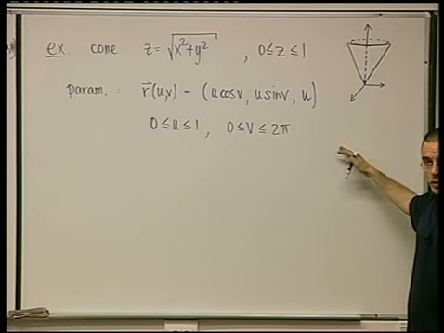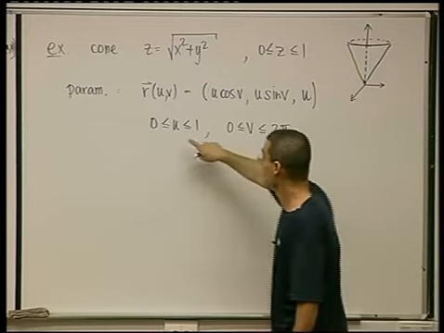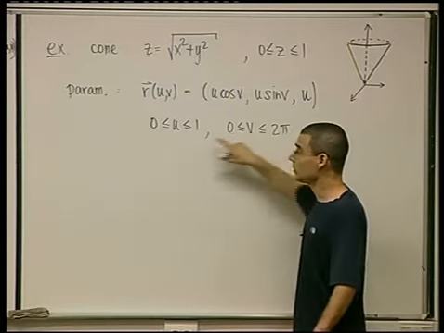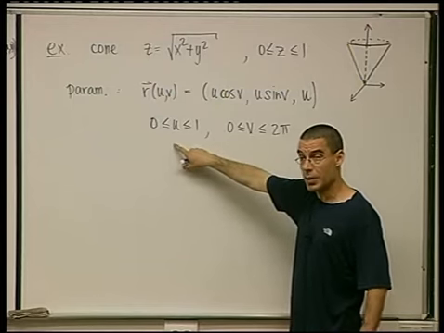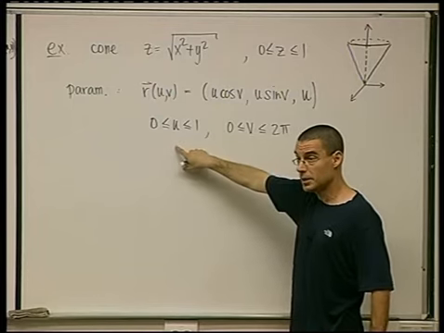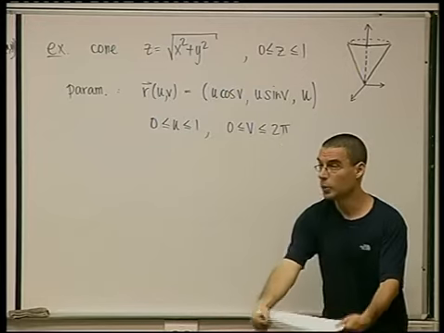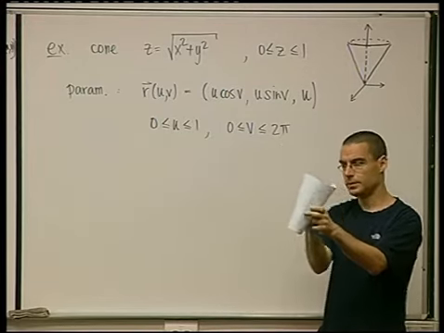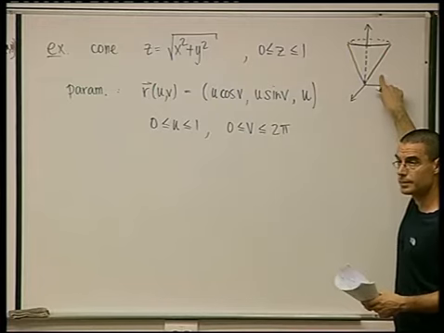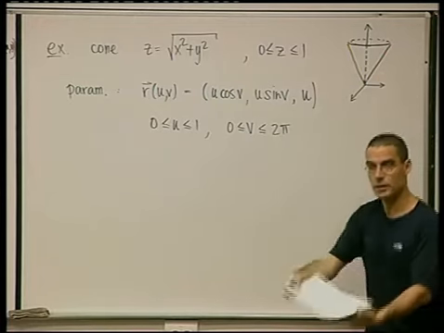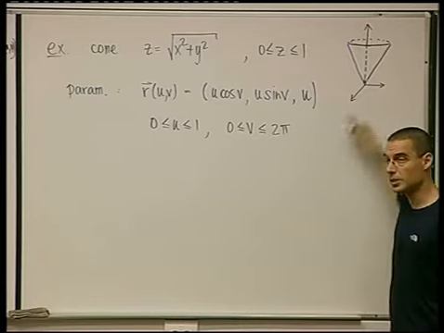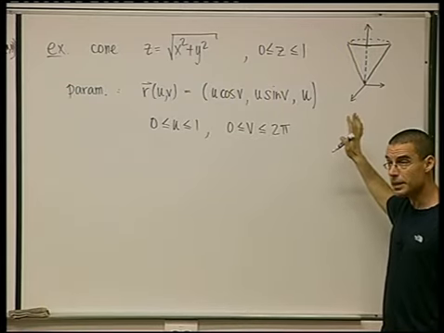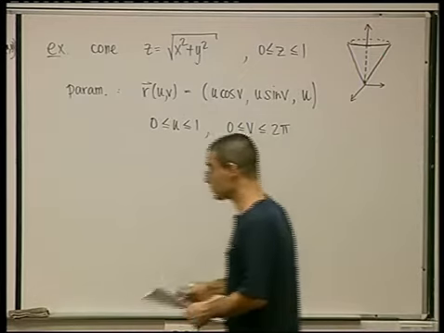Here I took a rectangle in U and V. That was the dough lying down here, and I wrapped it into this surface. That was the pizza thingy in this case. Clear? Everybody?